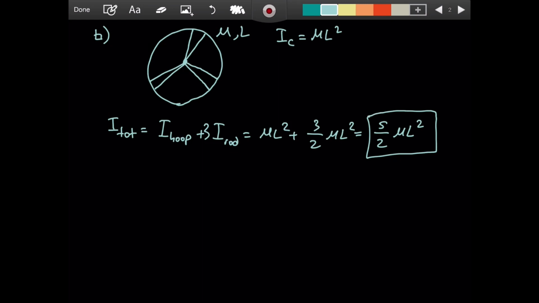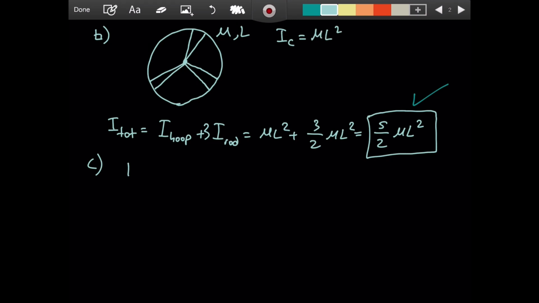Alright. And this was 2 points. Check. For part C now. In part C, we're told that the hoop rod system is initially at rest and held in place, but is free to rotate around its center. A constant force F is exerted tangent to the hoop for a time delta t.